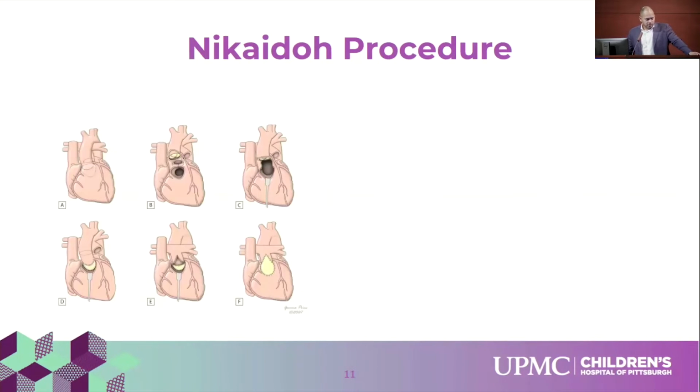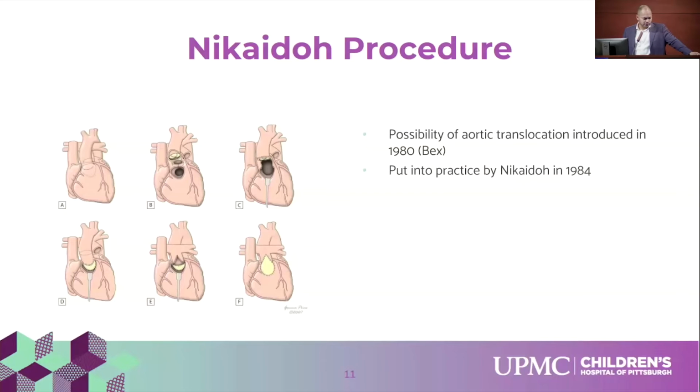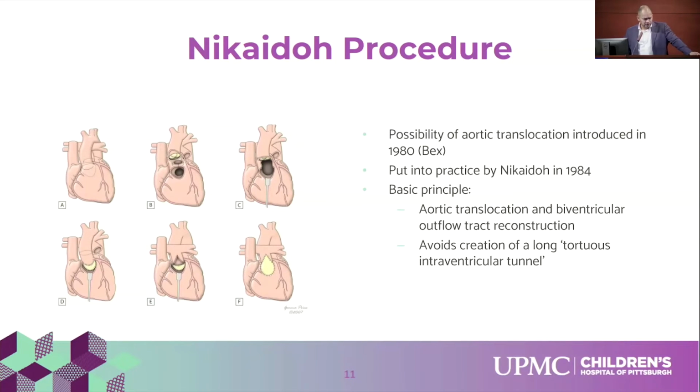So what about the other procedure we're talking about, the Nikaido procedure? You can see in the cartoon on the left over there. This was first introduced by Bex in 1980. It's a fairly new procedure and put into practice in 1984. The basic principle involves translocation of the aorta and biventricular outflow tract reconstruction.